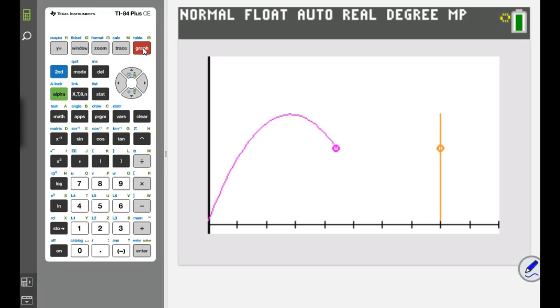Why is this cool at all? What we did at the beginning of the year was we graphed it as a parabola, right? But we talked about it as a throw-up problem because the ball was thrown straight up and straight down. What I am trying to show you is the same graph we did at the beginning of the year can be shown in a parametric as the actual path of the ball straight up and down.